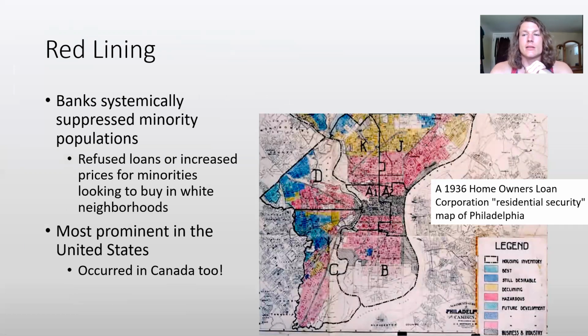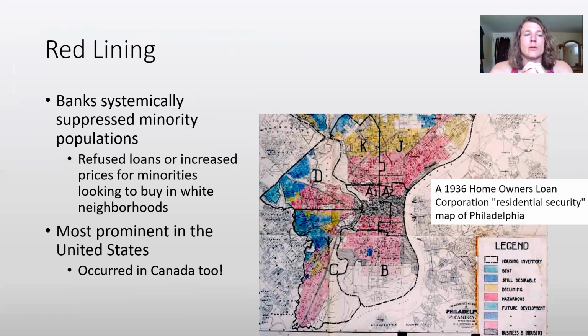Looking at the United States, although this example does apply in Canada as well, it's most notable and most severe in the United States. There's something known as redlining, which is a practice that started in 1936 during the Great Depression. The Home Owners Loan Corporation was created.